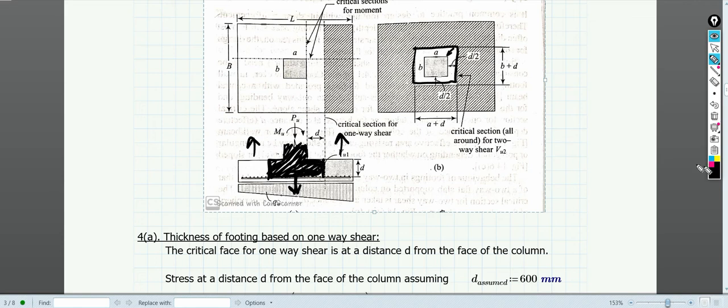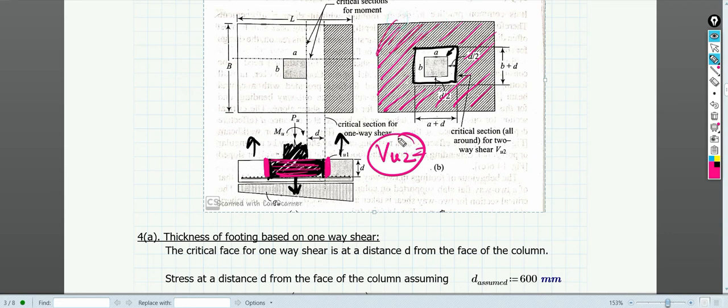So punching shear will appear at which of the faces? Around this face, this face, this face, and the opposite face. Okay, so what is the total upward shear force? VU2. VU2 will be the total shear force that is acting over this hatched area.